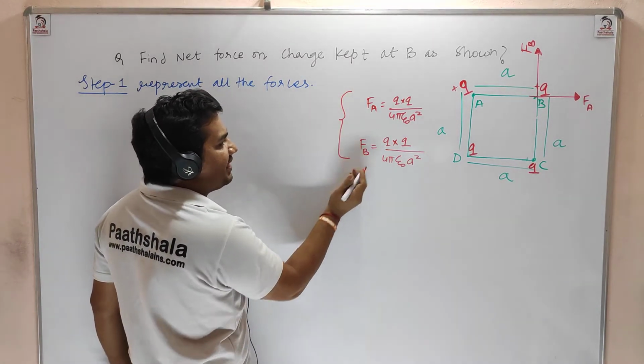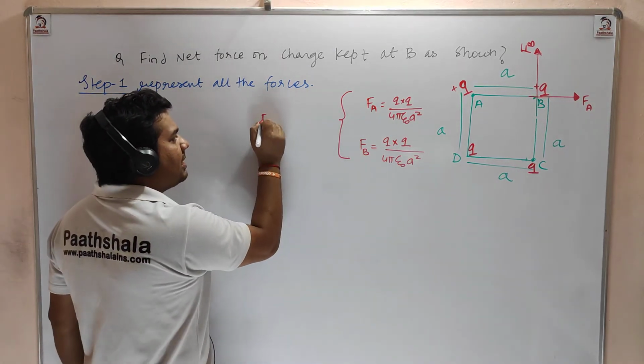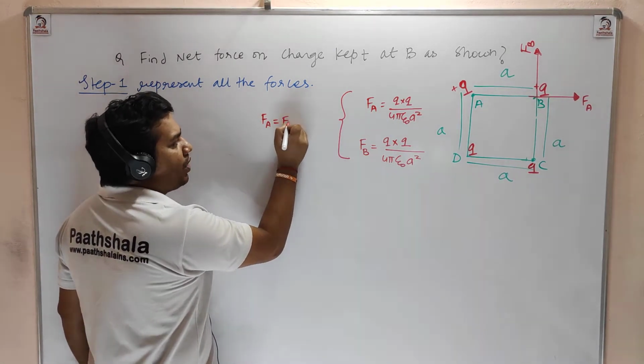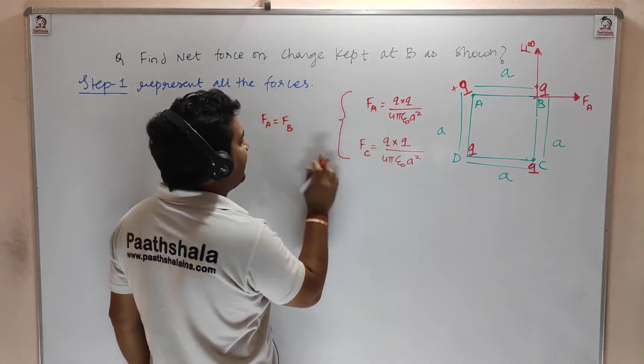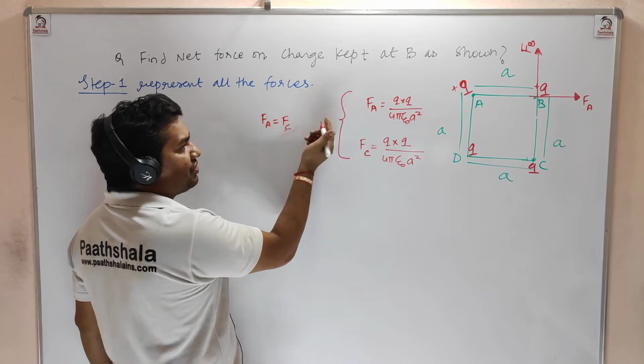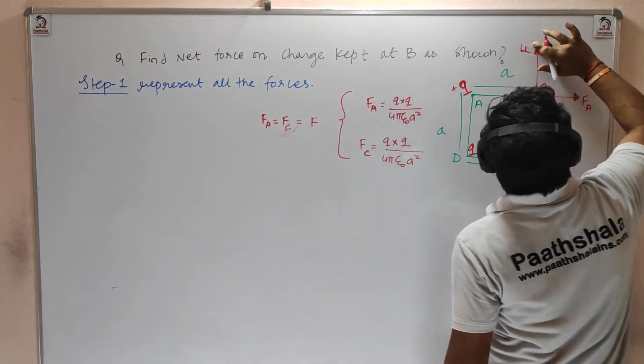From these two results, it is very clear Fa and Fb are equal to each other. Sorry, this is Fc, the force on B due to C. Suppose these two forces are equal to F.